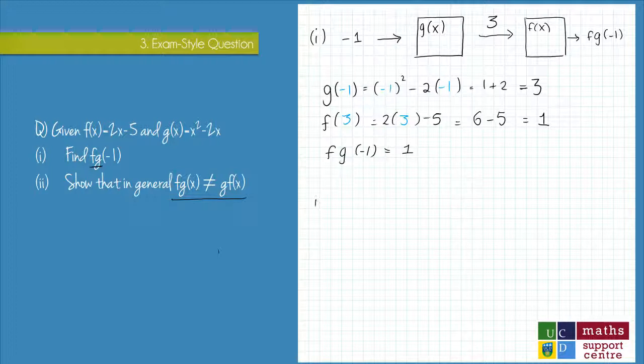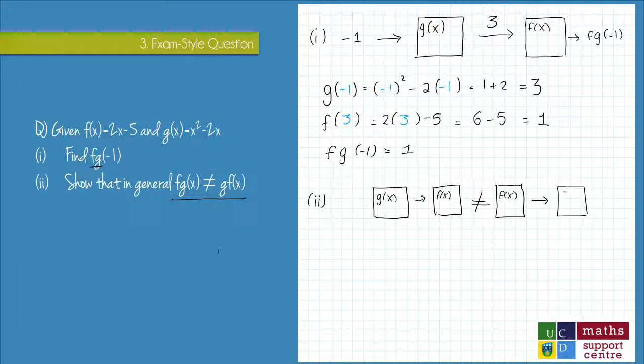Okay, so the second part then, so we're showing that in general, if we sub in numbers first into g of x and then into f of x, that is not the same as if we sub our number first into f of x and then into g of x.